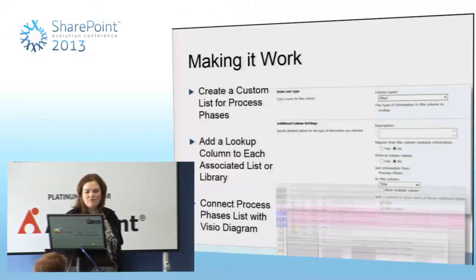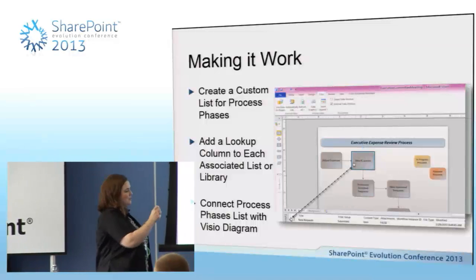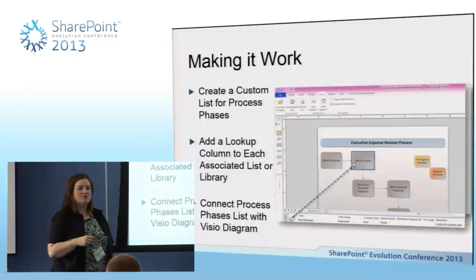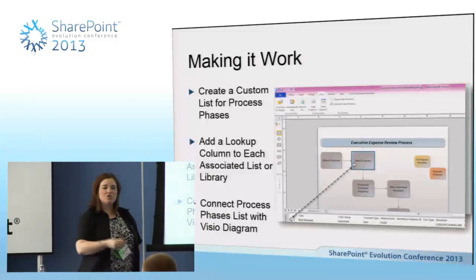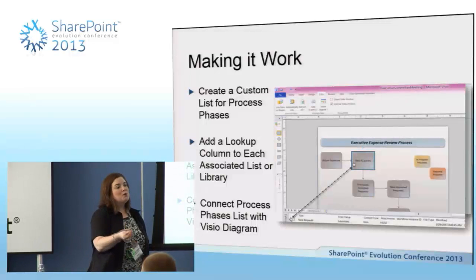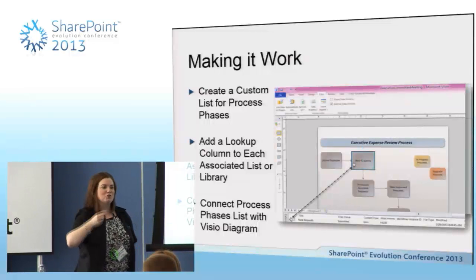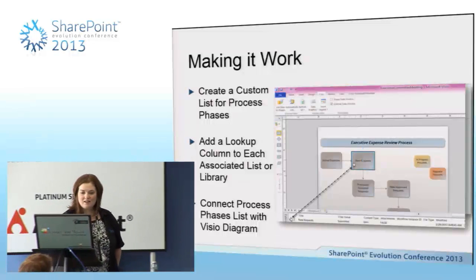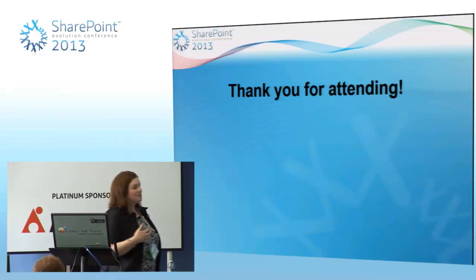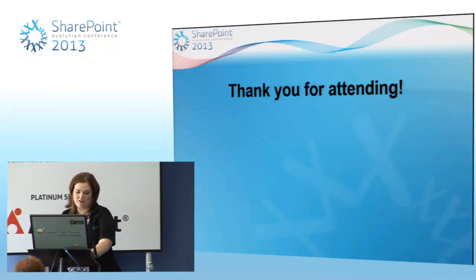Okay? Then finally, I would go into Visio and connect my process phases with the Visio diagram. I would say connect to a SharePoint list or library, put in my custom list, and then say this shape is associated with this line item. Once I do that, I can just go onto the page and drop the web parts and get them to display to each other.